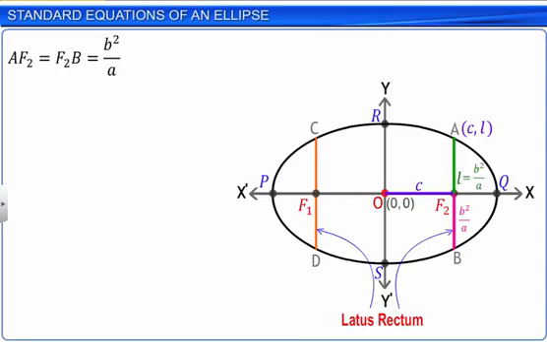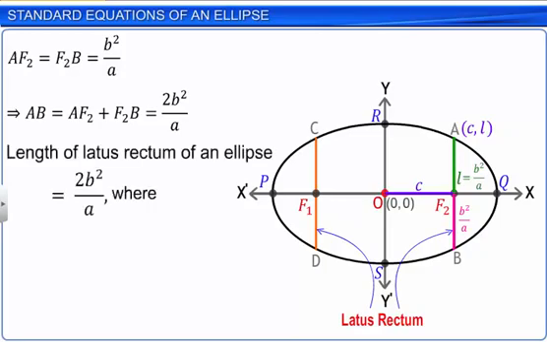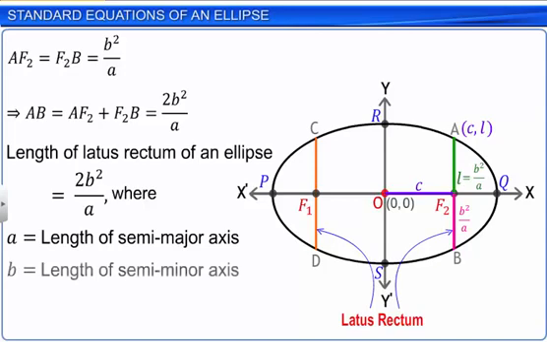Hence, the total distance AB is equal to 2b squared upon a. Distance AB is the length of the latus rectum. Thus, the latus rectum of an ellipse with the semi-major axis equal to a and the semi-minor axis equal to b is given by 2b squared upon a.